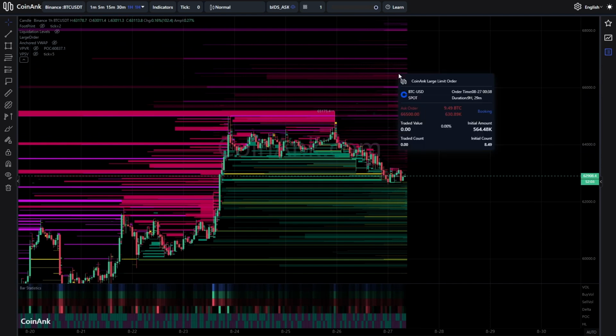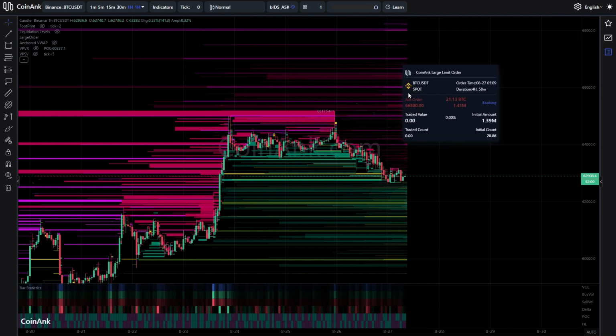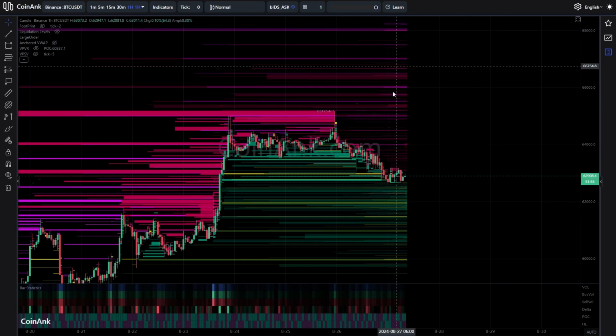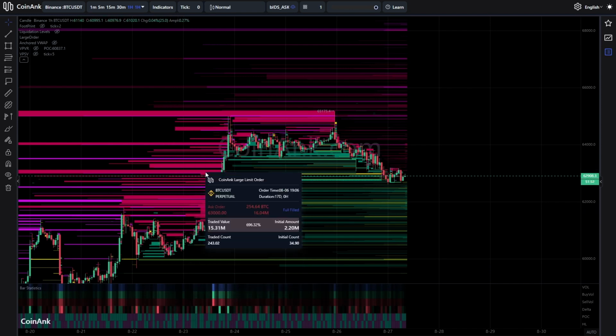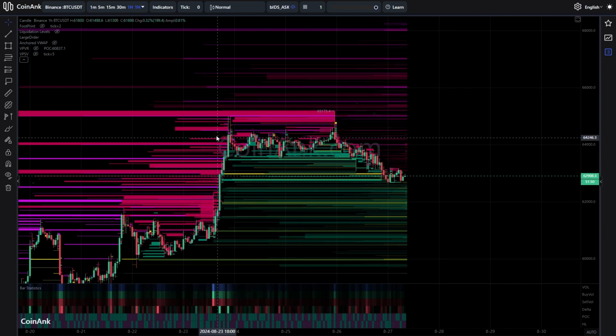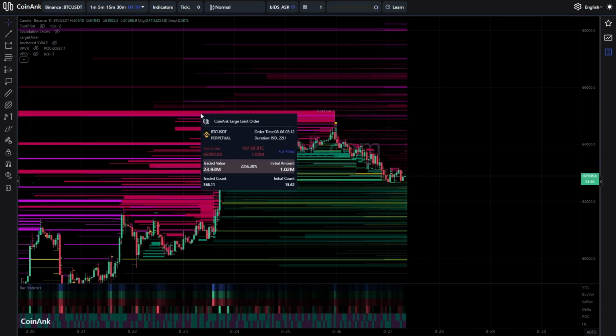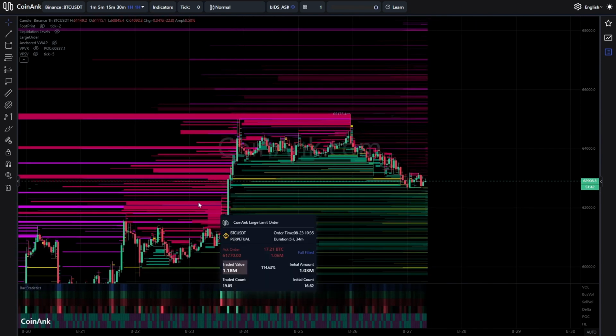So there's a lot of sell orders sitting in the market. Here there's not a lot of orders sitting, but here there were. So we have a lot of selling orders. These sell orders are usually institutions or big players that want to fill their positions.